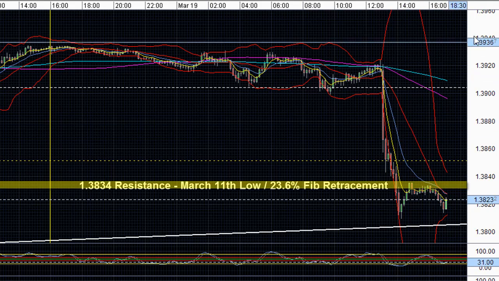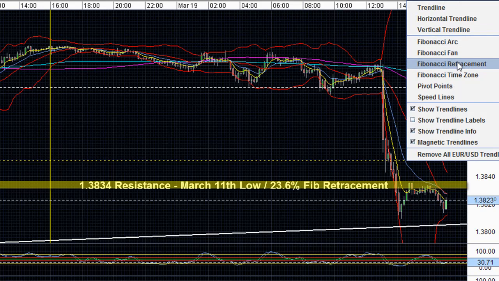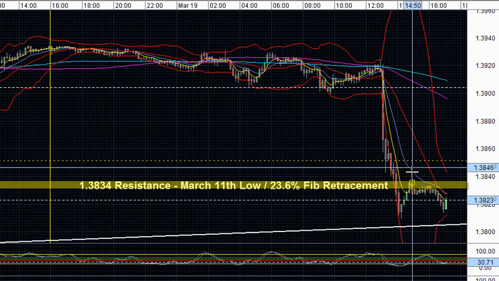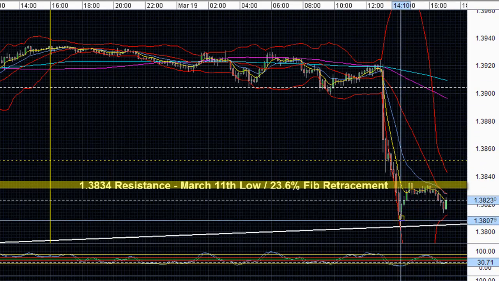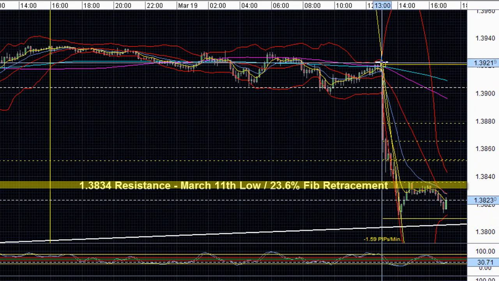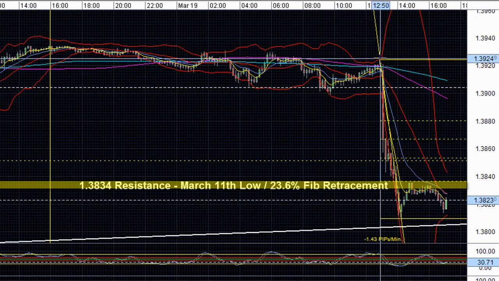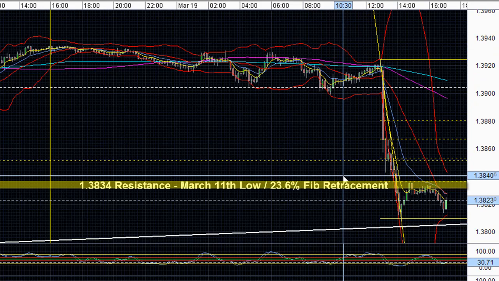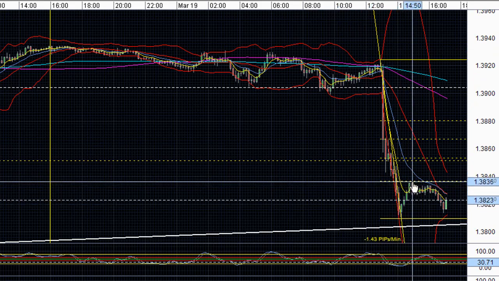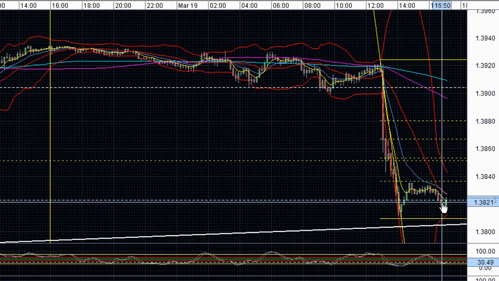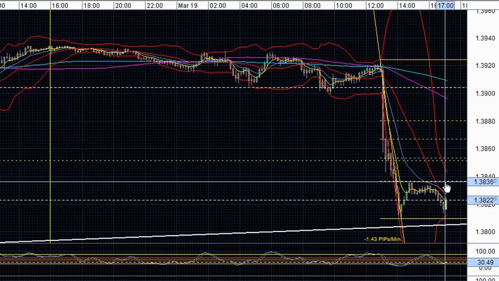But if I was to draw in the Fibonacci retracement of this event-related move to the downside, you can see that around here, our 23.6% Fibonacci retracement level is around the same area as our March 11th low, around 38.34, 38.36. So this is the next approaching resistance on its way up.